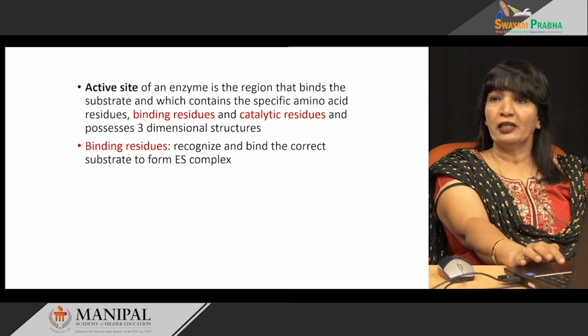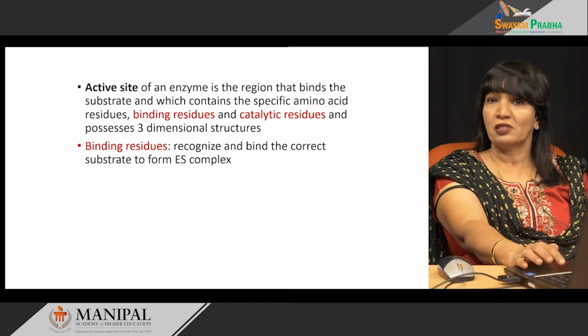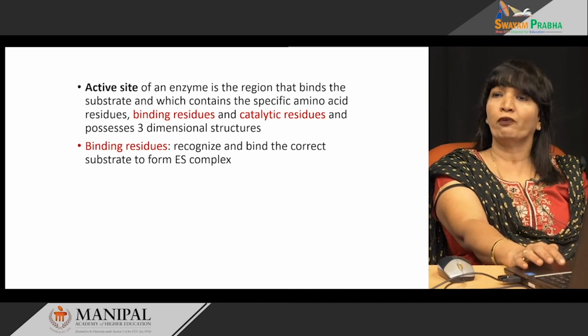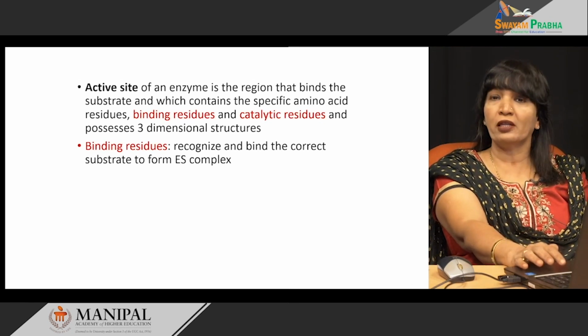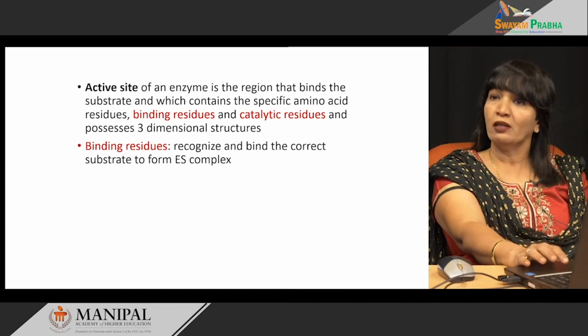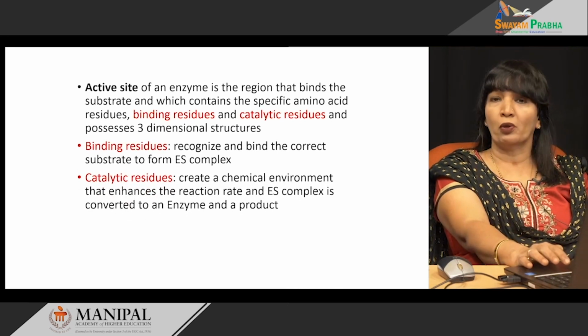Now, these binding sites or residues recognize and bind the correct substrate to form the enzyme substrate complex. It will identify its own substrate, and that correct substrate will come and bind, and it forms an enzyme substrate complex. And then I have the second residue, which is called the catalytic residue.